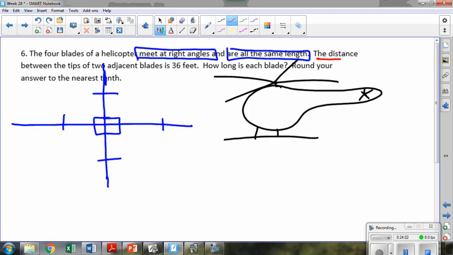We want to know the distance between the two tips of adjacent blades. So this is telling us if we have adjacent blades from tip to tip, what is that distance?